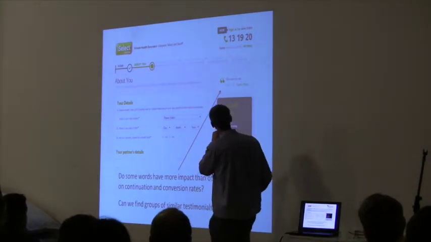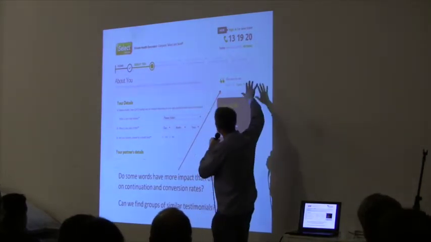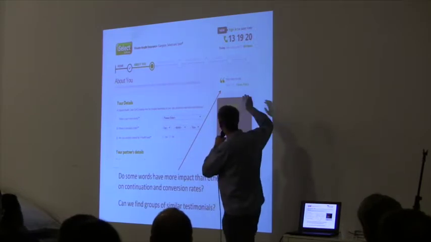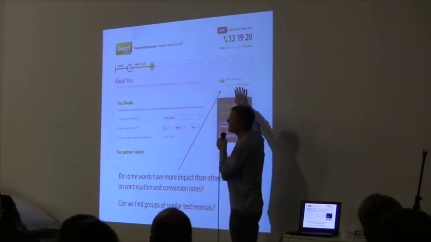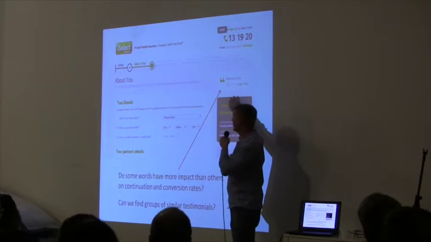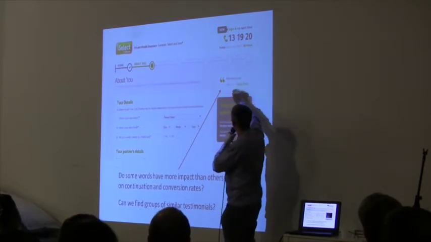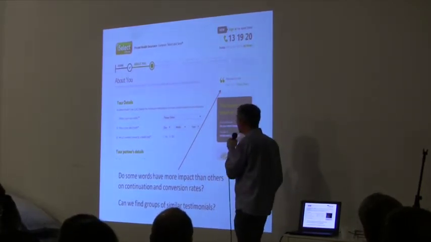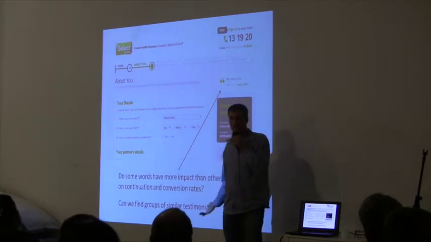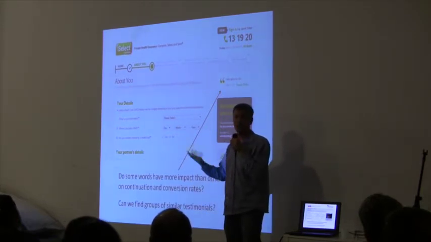Anyway, I'm not here to sell iSelect. Here's one of the pages, and we like to show our users testimonials from previous customers. Here, as I said, very easy to use. We've collected lots of these testimonials, and we present them randomly at different times.